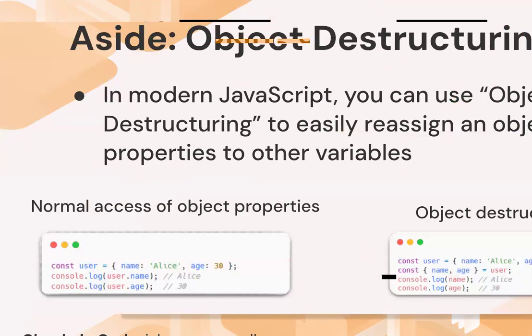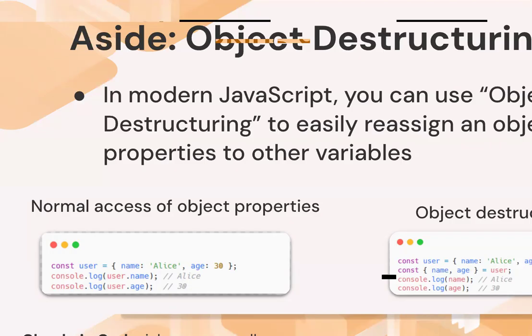And then another important note is object destructuring. So you guys have seen this in your earlier activity. If you guys remember, when you're pulling ID from rec.params. So you guys did const brackets with ID equals rec.params. And this may seem a little unfamiliar to you guys, but it's actually a really common thing in JavaScript called object destructuring.